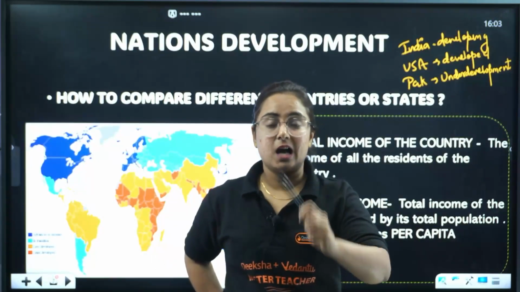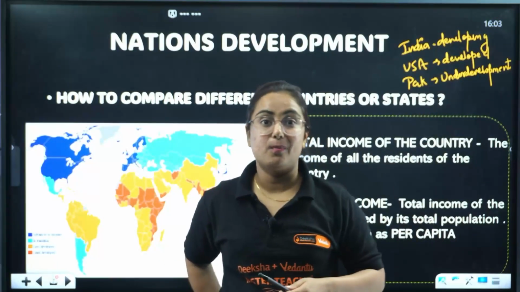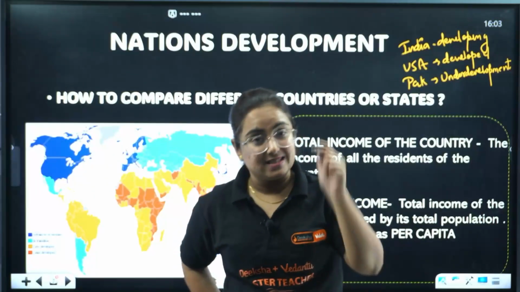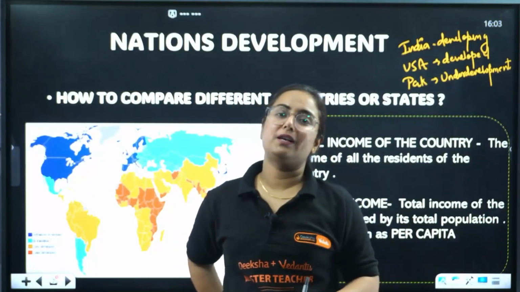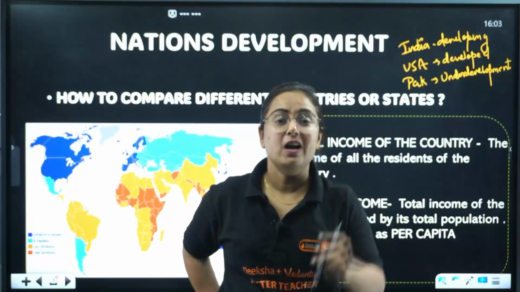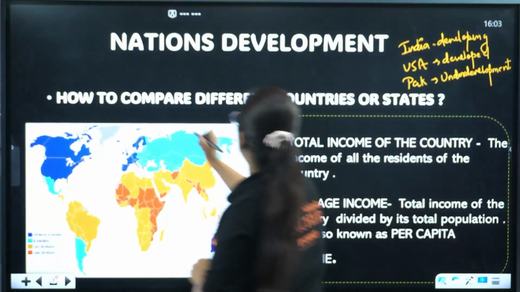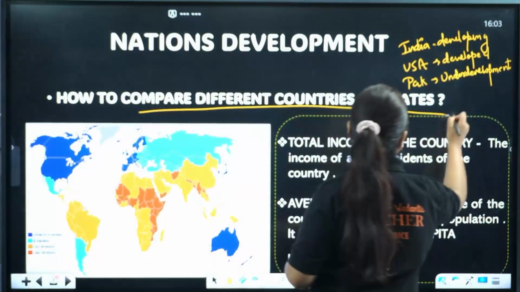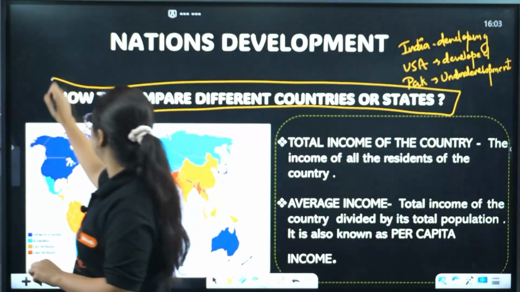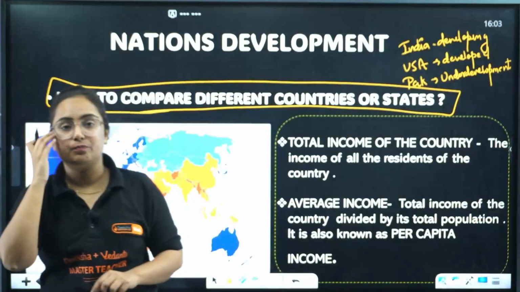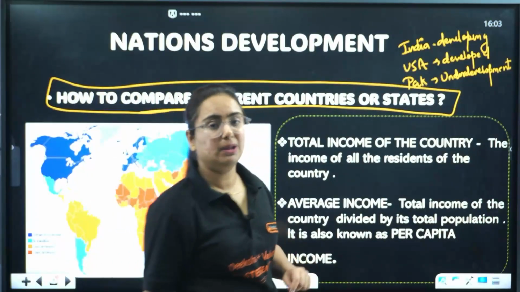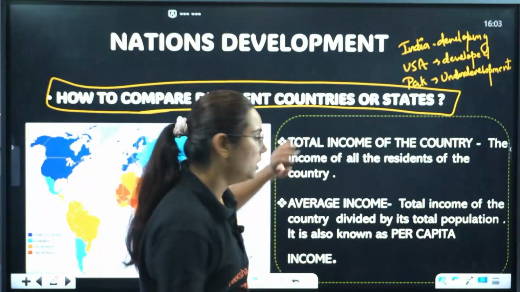That the country that earned the most might be more developed. But is it actually true? We have to figure that out in this chapter. So the question comes here: how to compare different countries or states? The first thing that came into my mind was income, hence we will look at that.